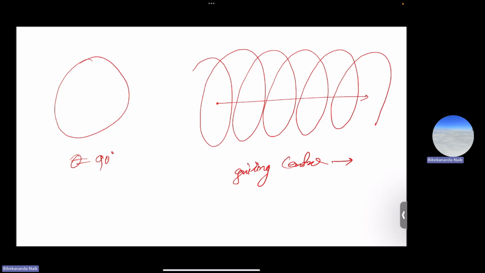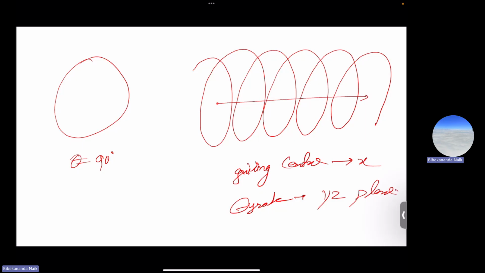The guiding center will move along the x direction and the particle will gyrate in the perpendicular plane, that is the YZ plane. I hope this clears your concept regarding the motion of a charged particle in a magnetic field.